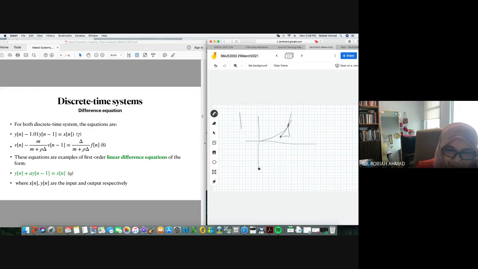So that's why bila kita ingat lagi tak masa kita belajar signal lagi tu. Saya padam balik sebentar.